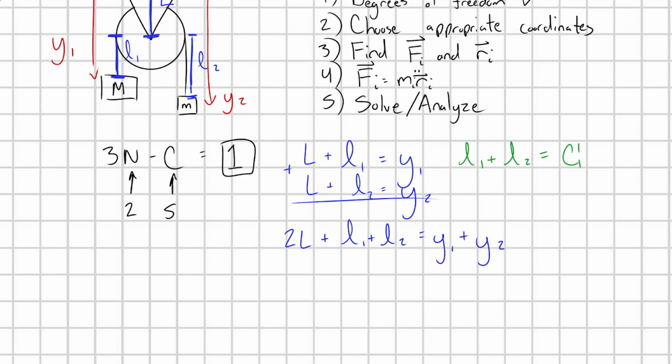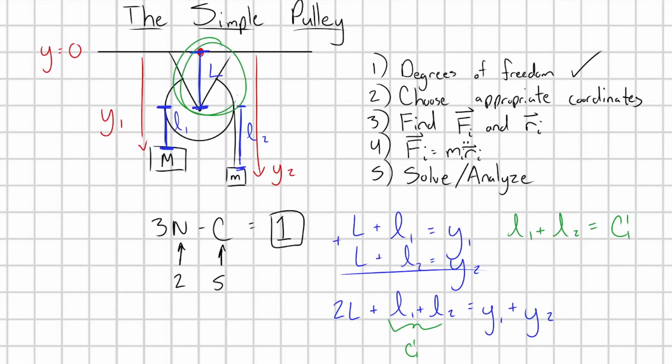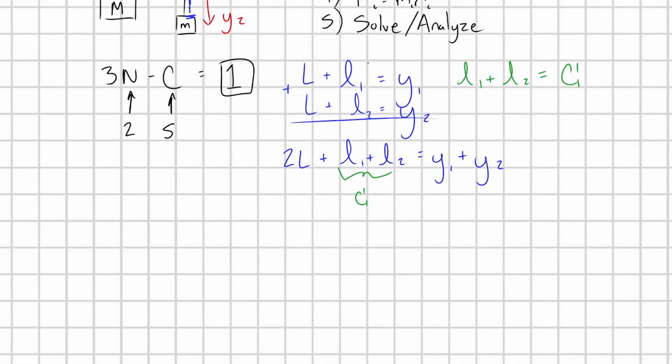And look, we have our constraint that L1 plus L2 is a constant. 2L, at this length here, that's just connecting the pulley to the ceiling, is absolutely a constant. So this is just another really big constant now. And we have this constraint: Y1 plus Y2 is always going to equal some constant C, right?